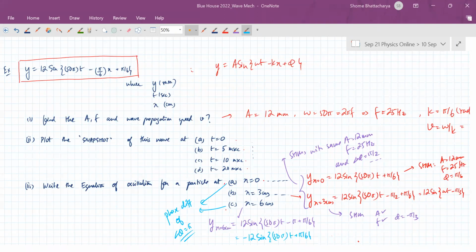Okay, so through this, what we can understand is that all the medium particles are performing SHM with common amplitude and frequency, but they have different phases of the SHM. And the phase difference between any two particles depends on the distance between them. Okay. So we'll look at that interpretation next.